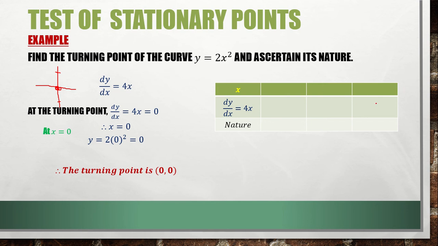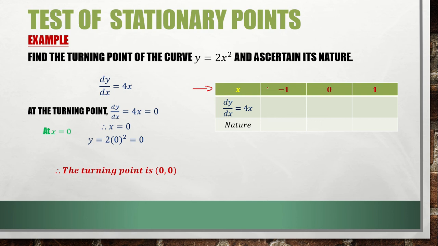In the second row you'll have the gradients of each particular point that you have stated here, and then finally you'll have its nature drawn below here. The middle point will be my turning point, so the x coordinate is 0.